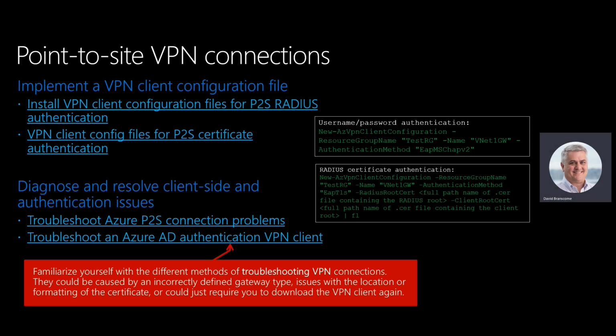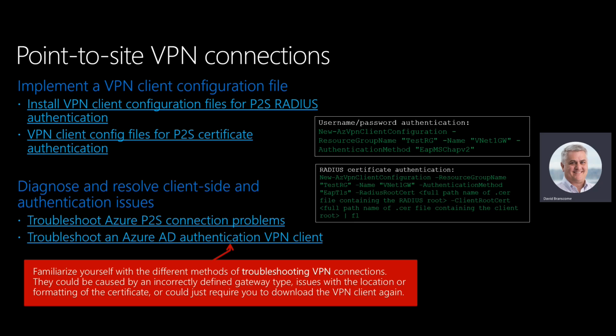For the exam, you'll need to be familiar with ways you can troubleshoot VPN connections that aren't working as expected. So as the box points out, your VPN connection might be failing because you've incorrectly defined the gateway type. Maybe the formatting of the certificate or where you've placed the certificate, it can't find the certificate to establish the VPN connection.